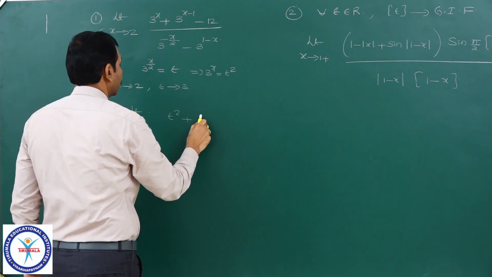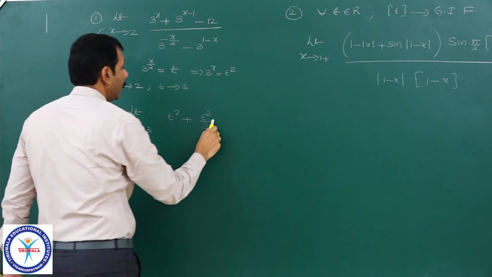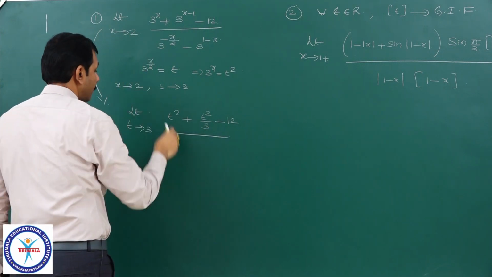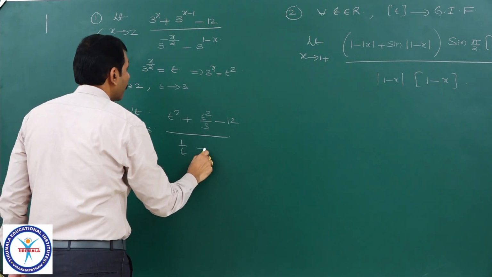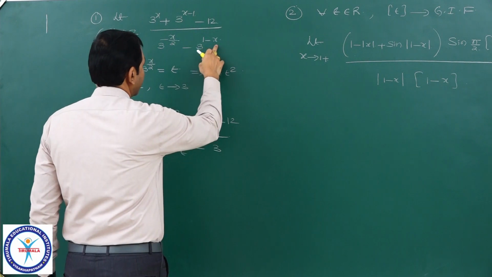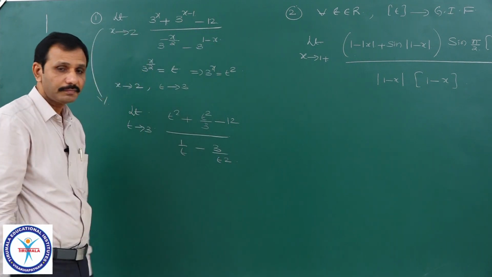So we get t square plus t square by 3, 3 power x by 3, minus 12, by 3 power minus x by 2, which is 1 by t, minus 3 into 3 power minus x, which is 1 by t square, that is all.